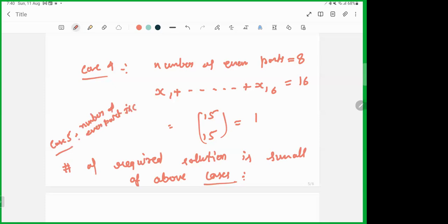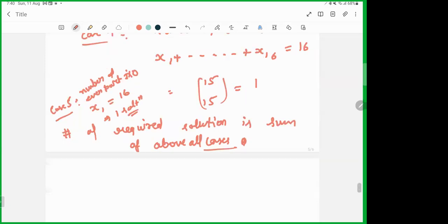That is x1 equals 16, so it is only one solution of such kind. So add that case also. Sum of all the above cases will be the solution.